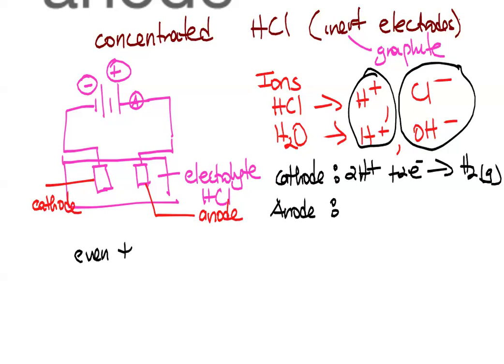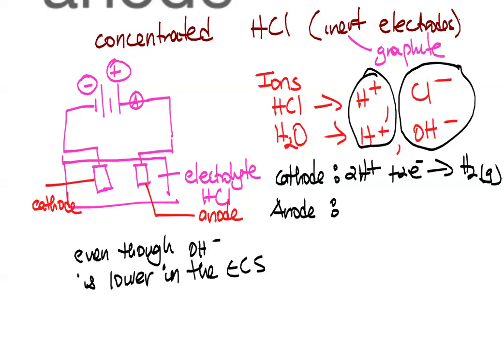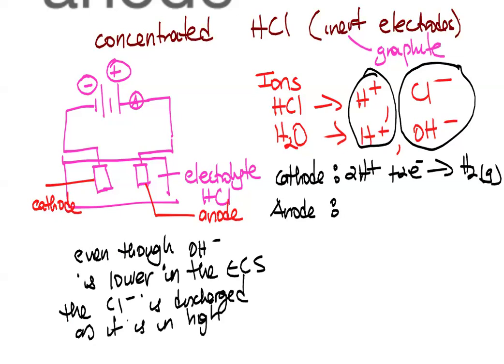So even though OH minus is lower in the series, ECS is electrochemical series, the Cl minus is discharged as it is in high concentration.